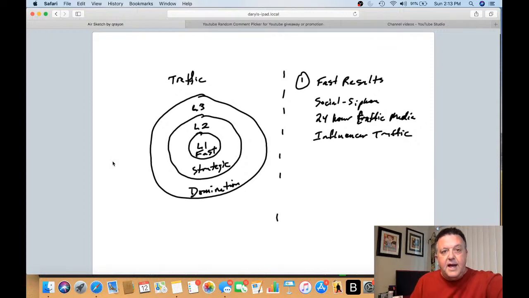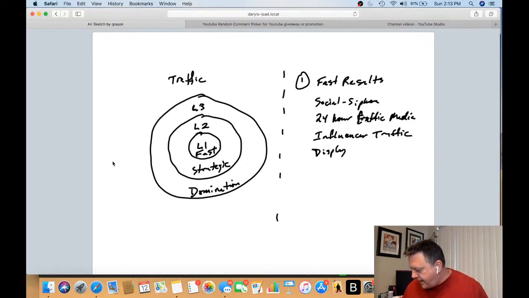Okay, let's do a couple more. Display traffic media. I'm sure you've seen banners out there. Okay, you can get banners made for yourself, not terribly costly. Not a lot of people are doing this right now.